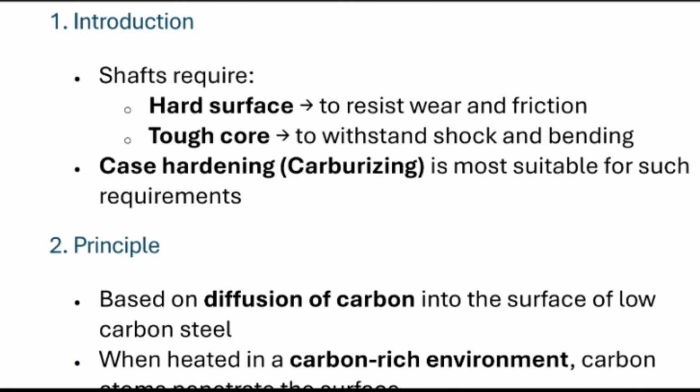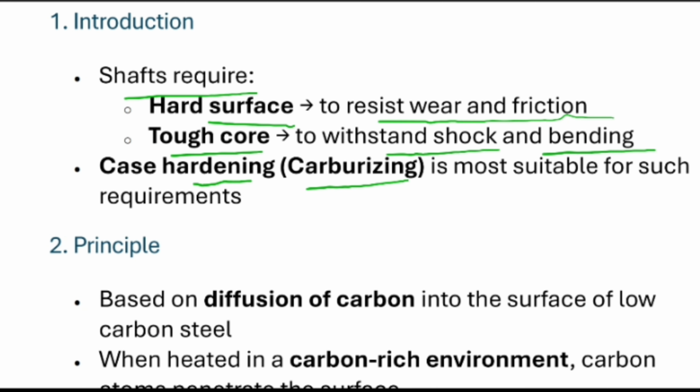So coming to the introduction, in that shaft requirement, a hard surface is resistant to wear and friction. Coming to the tough core, it withstands shocks and bending. Case hardening or carburizing is most suitable for such a requirement.